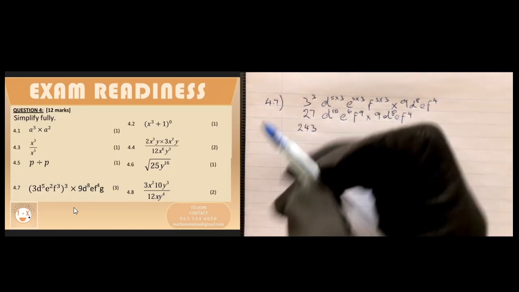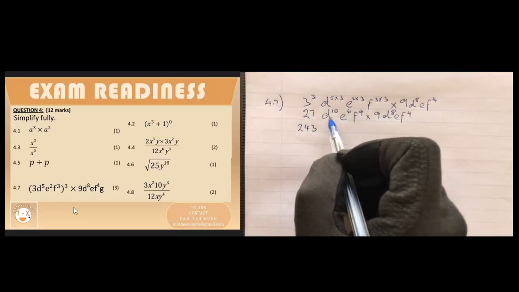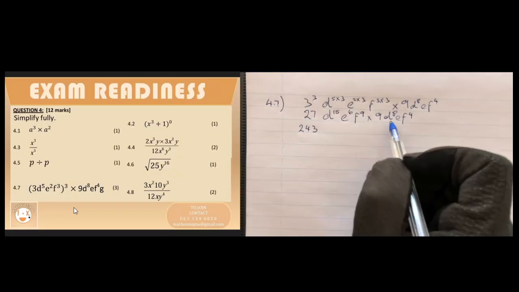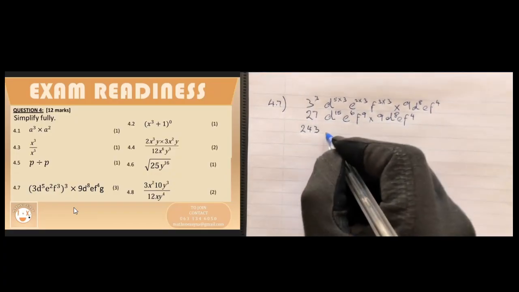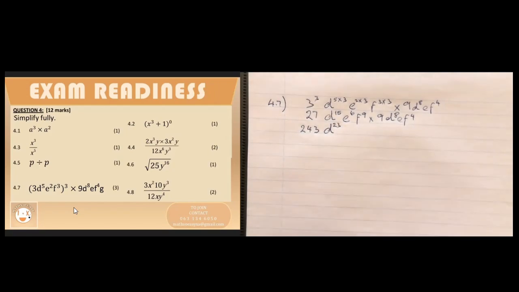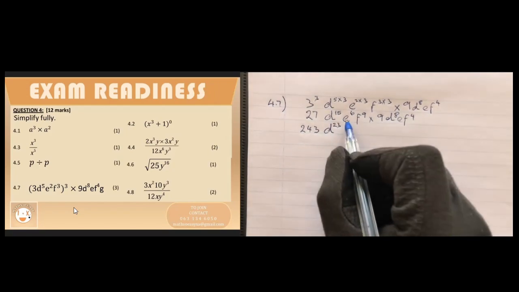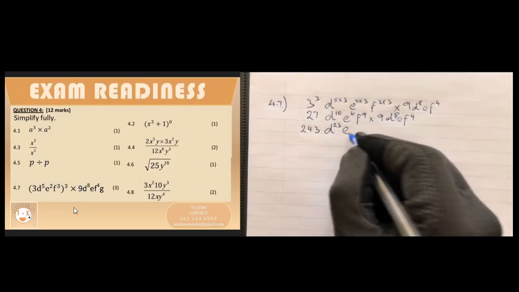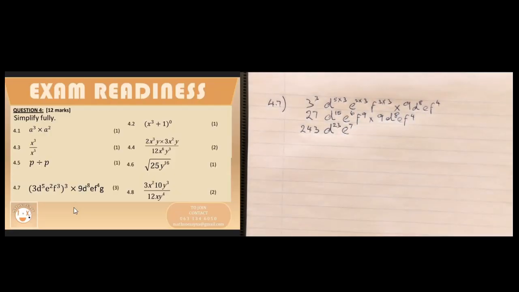Then I look at my d's. I have my 15, and then I have my 8. I know that my d's will give me 8 23. Then I go to my e. Here there's 6, there's 1. So it means I have 7.